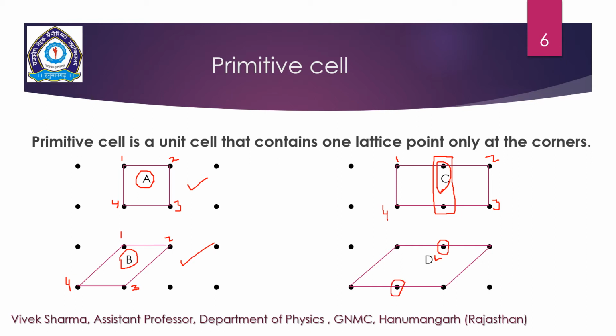So that is why it is not a primitive cell. With the help of these four structures, it is quite clear that if a unit cell has lattice points at the corners only, then it may be defined as a primitive cell. So each and every primitive cell is a unit cell, but all unit cells need not be primitive cells.